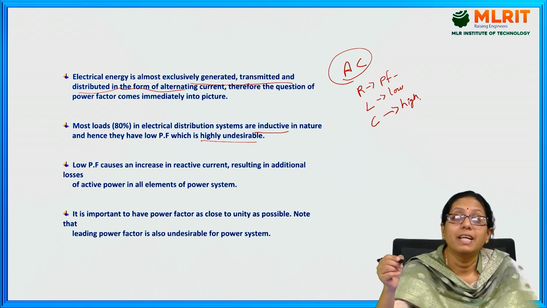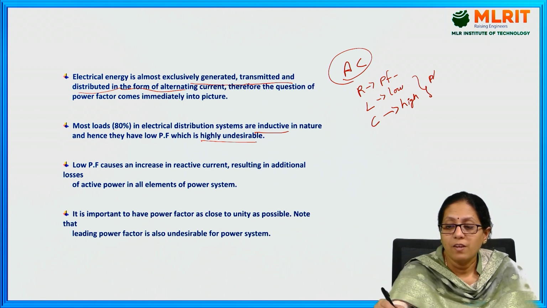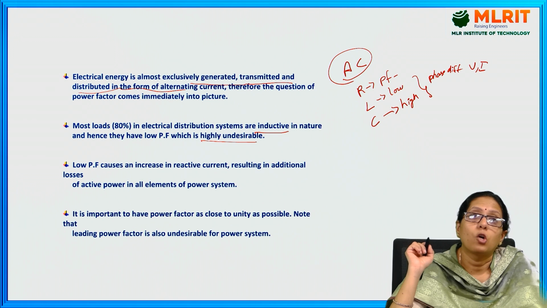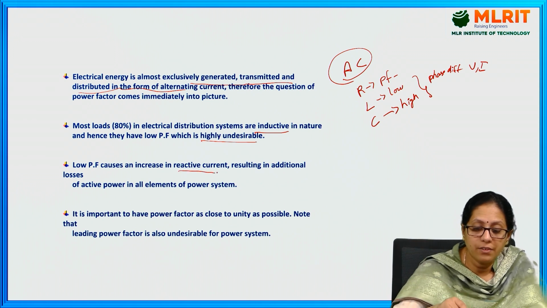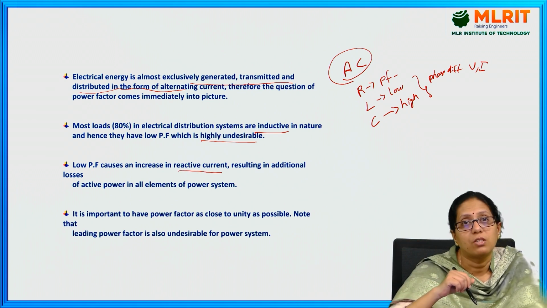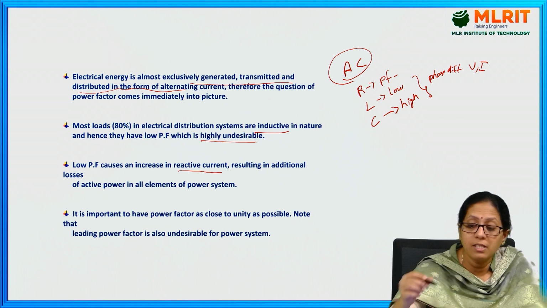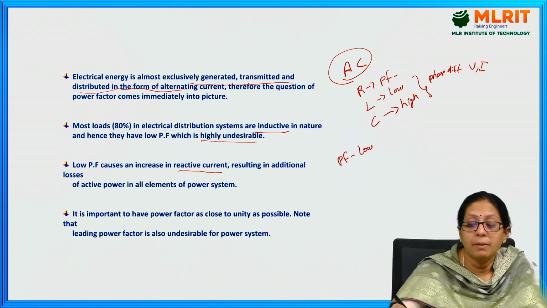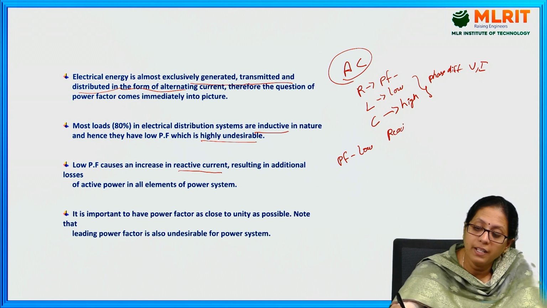Because there is a phase difference between voltage as well as current. Low power factor causes an increase in reactive current, resulting in additional losses of active power. That means, if power factor is low, what will happen? Reactive current increases.